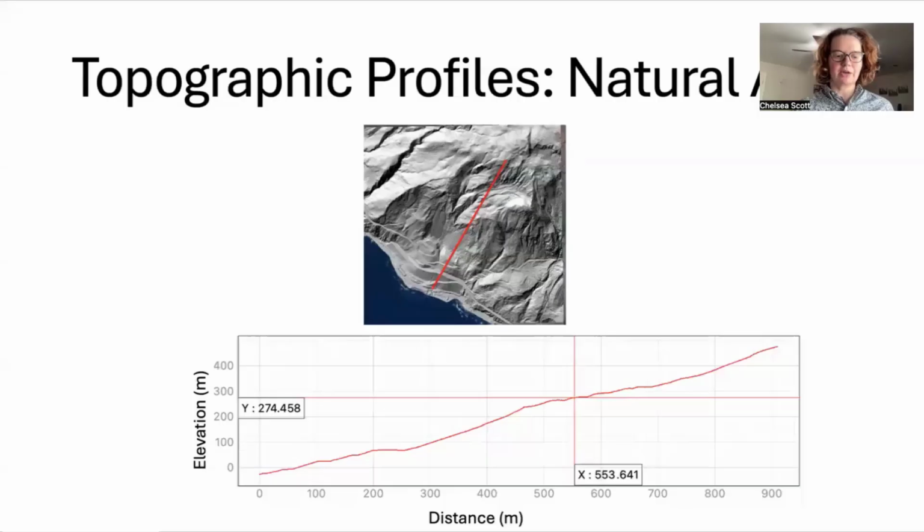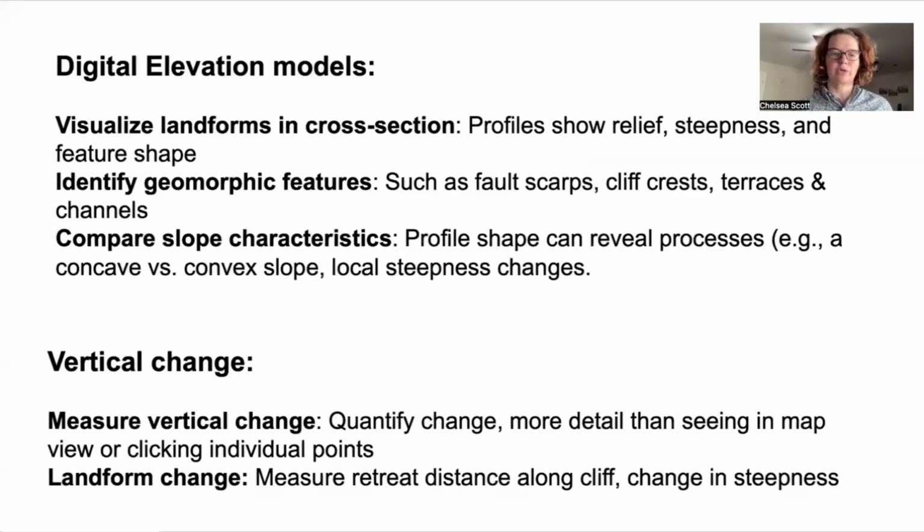So let's discuss in more detail why we should compute topographic profiles. Specifically for digital elevation models, topographic profiles are really useful for visualizing landforms in cross-section. In particular, we can really see the relief and the steepness of an area.